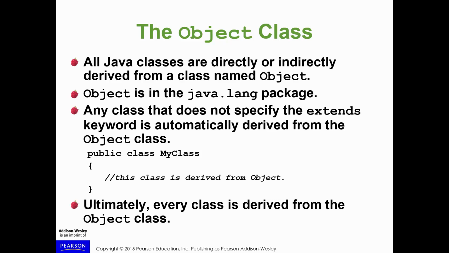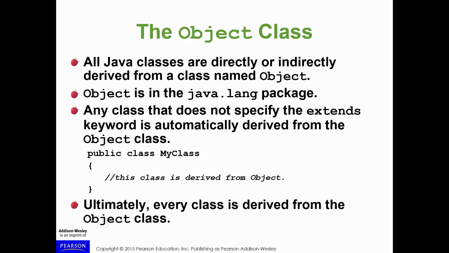Again, as I mentioned before, the object class is at the top of the hierarchy because all Java classes, directly or indirectly, are derived from, or their parents are, object. Since object is in the java.lang package, there's no import statement.